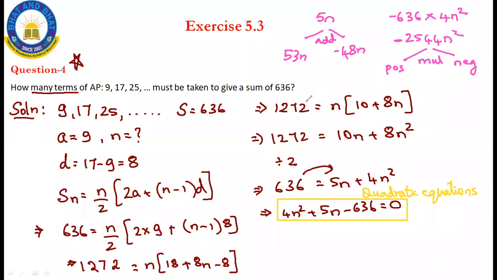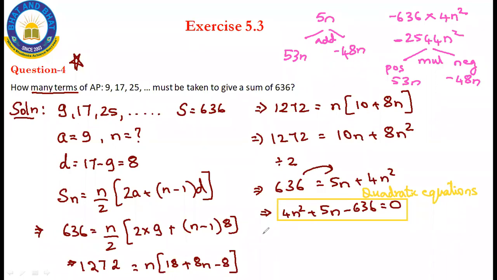It is very important to know which is positive and which is negative. So 53n minus 48n. Now if you add these two, I will get 5n. But at the same time, if I multiply 53n and minus 48n, I will get minus 2544n square.